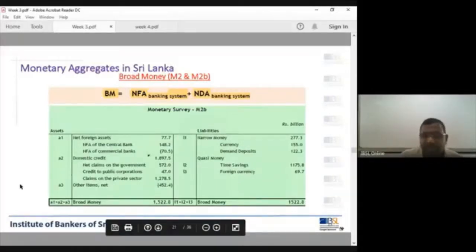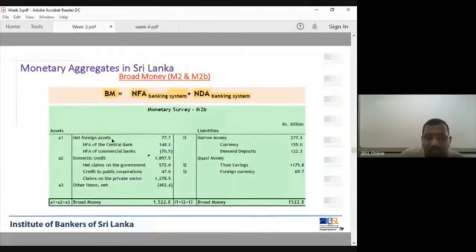How it is funded, how it is sourced, we already know: foreign assets of the central bank and of the commercial banks, and domestic assets of the central bank and of the commercial banks. So I think you have some clear idea that when a central bank and a commercial bank have foreign operations, that contributes to the broad money supply.